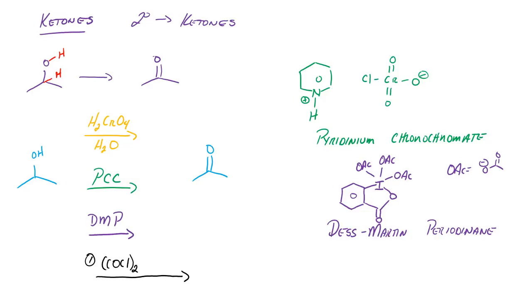I'll draw that in just a second. We are going to need some DMSO. And then we're going to finish this up with a number 2 and add in some Et3N.